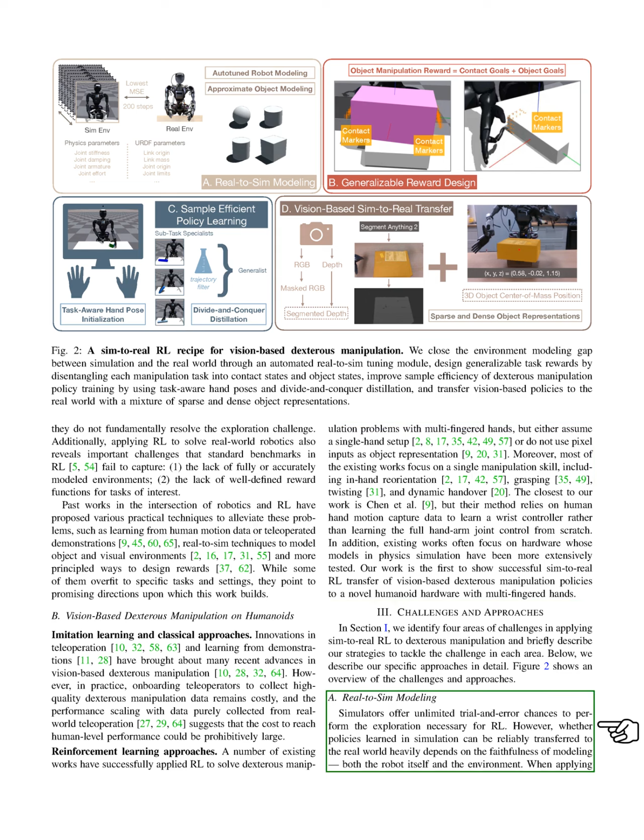Regarding real-to-sim modeling, we recognize that simulators provide unlimited opportunities for trial and error, which is essential for exploration in RL. However, the successful transfer of policies learned in simulation to the real world relies heavily on how accurately we model both the robot and its environment.